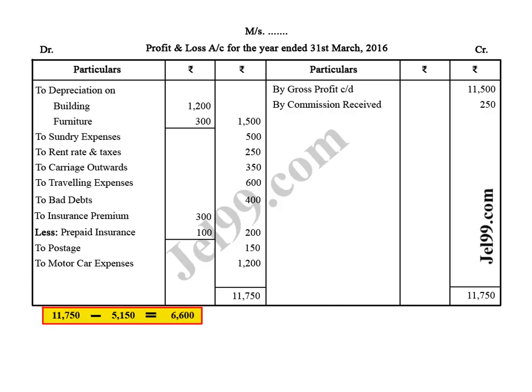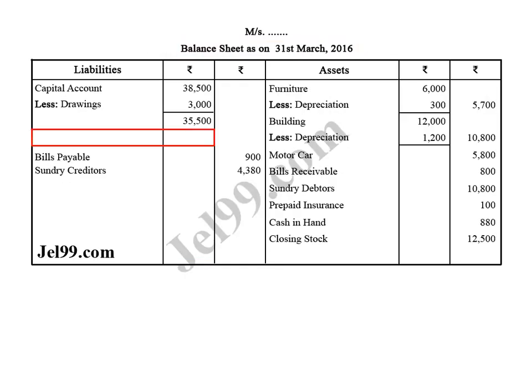It is recorded on debit side as to net profit transferred of rupees 6,600, and this is transferred to balance sheet, liabilities side, added to capital, as net profit of rupees 6,600, so 35,500 plus 6,600 is equal to 42,100.